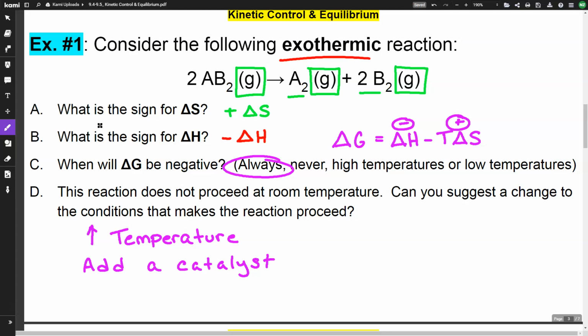And that's going to decrease the activation energy. So those two things would make the reaction proceed at room temperature. Well, I'm sorry. Raising the temperature would obviously cause the particles to move with more energy. If we add a catalyst, it's going to lower the activation energy. Not necessarily at room temperature. It's saying it doesn't proceed at room temperature. All right, got it.